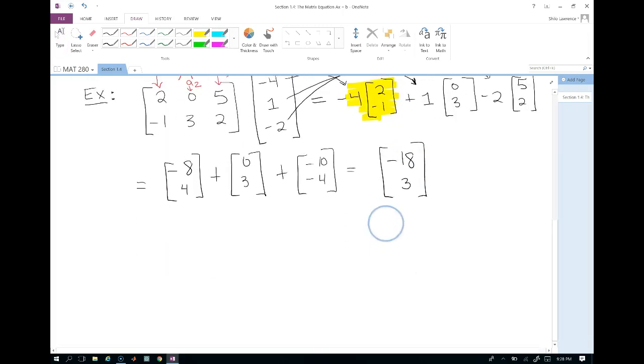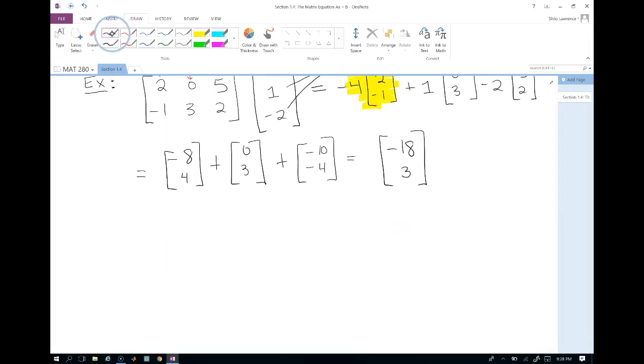So let's look at one more that has a different size, just so we can see how this works. So now let's say we have, and I'm just going to use some generic numbers here. Sometimes when we don't have any matching numbers, it's easier to see where everything went. So now I've got the matrix with entries 1, 2, 3, 4, 5, 6, 7, 8, 9. That's my A matrix.